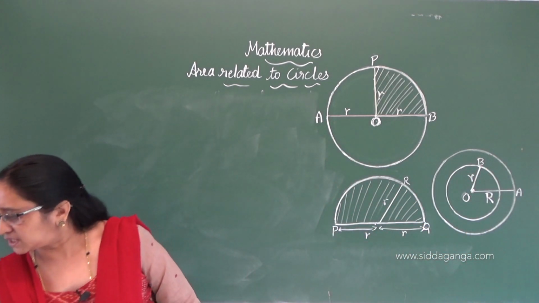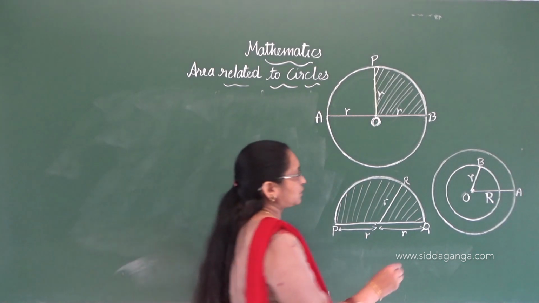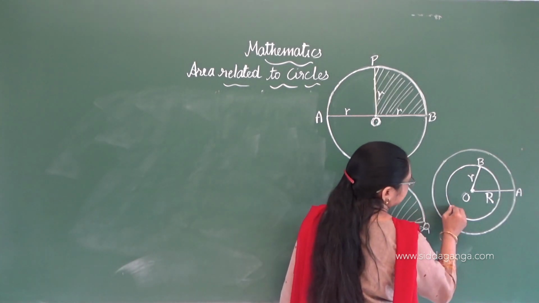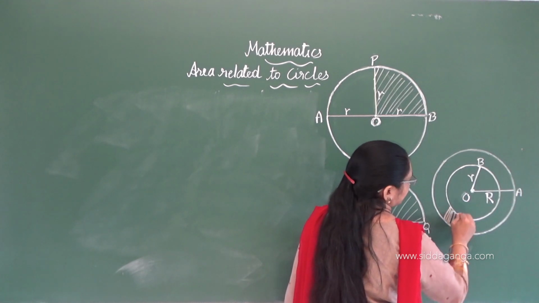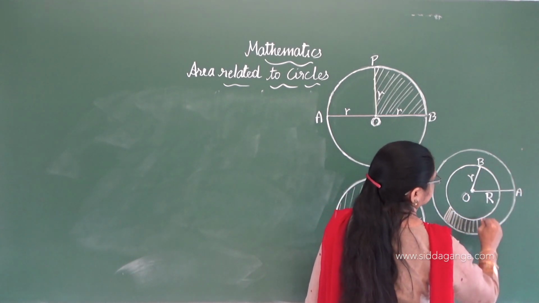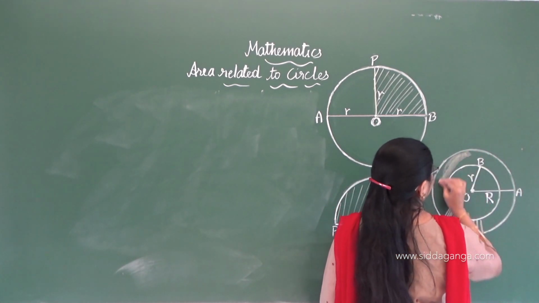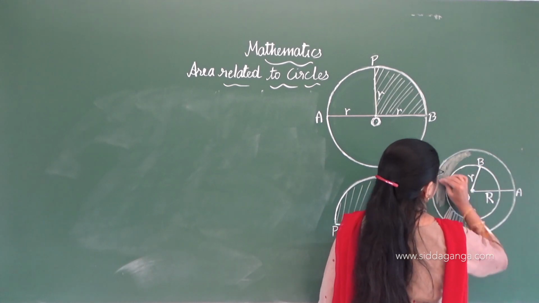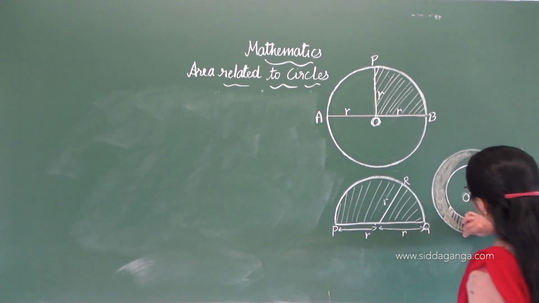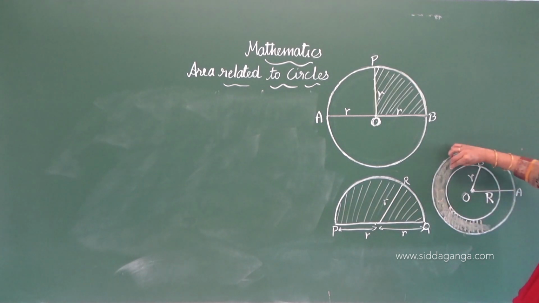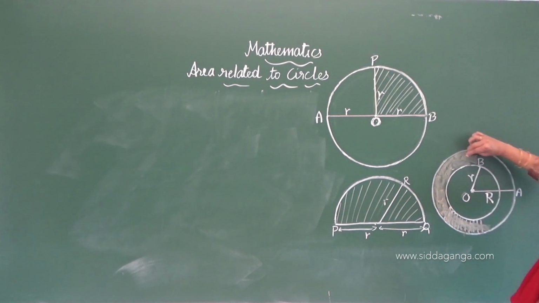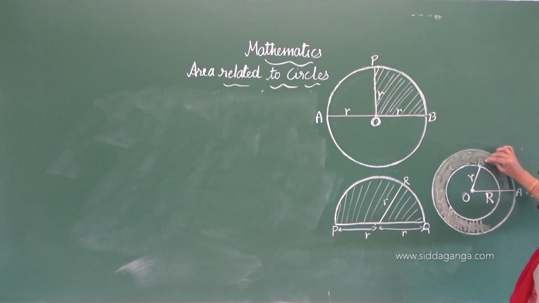Suppose I ask you to find out the area of this ring, how will you calculate it?